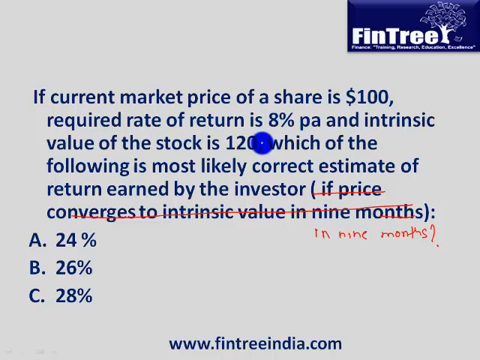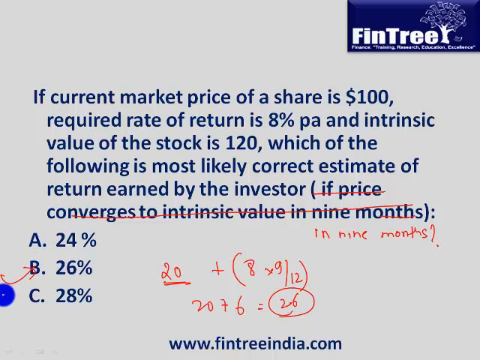Again the logic is 20 because of mispricing, plus out of that 8, which is per annum, you want to earn for 9 months. So you would earn approximately 20 plus this, a return of 26%. What we are not considering here is the effect of compounding. Are we clear here?